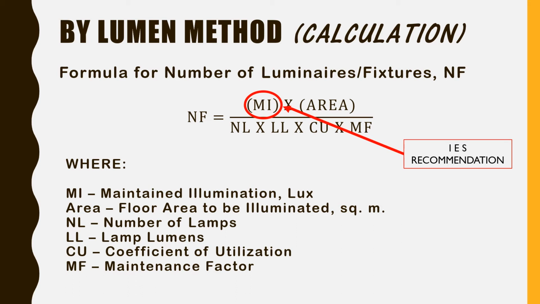MI is the maintained illumination in lux as recommended by the book. The area is actually the floor area to be illuminated. Number of lamps NL, lamp lumens LL, coefficient of utilization CU, and maintenance factor MF. Okay, so take note and memorize this formula.